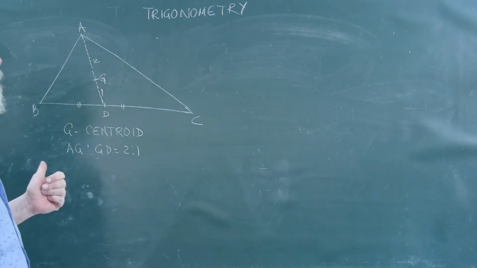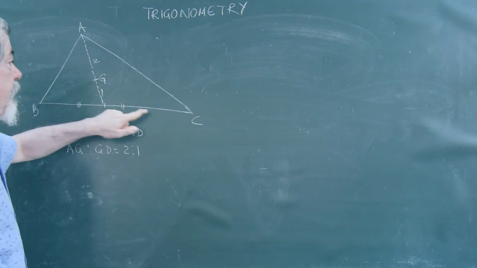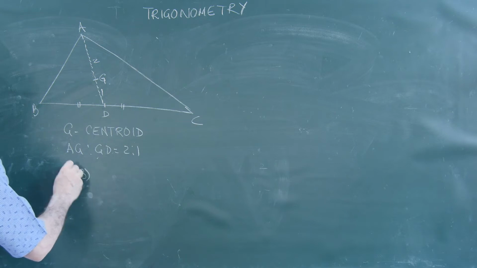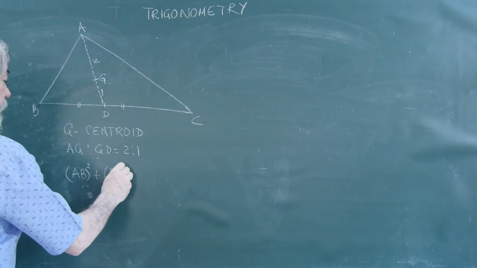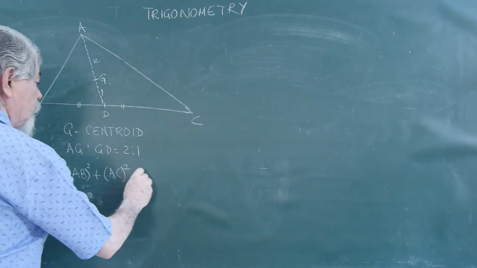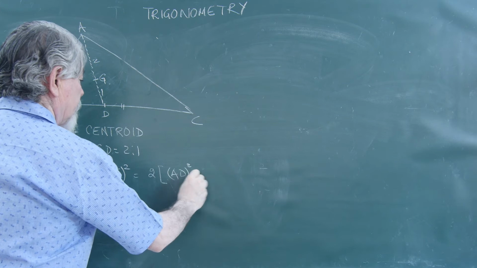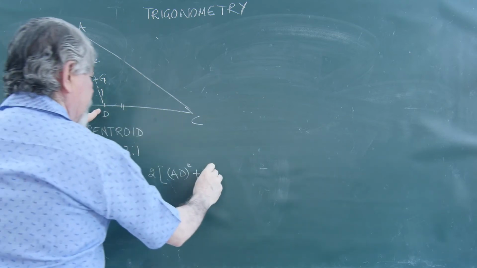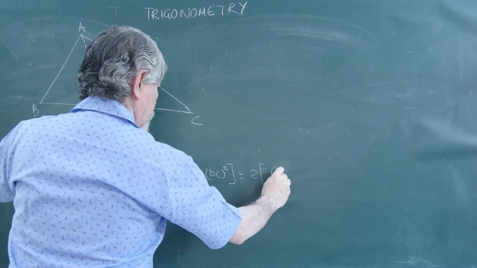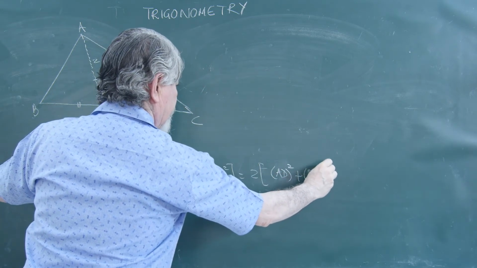Now, there is another property about the median regarding the sides of the triangle: if D is the midpoint of BC and AD is the median, then AB square plus AC square, the square of the side plus the square of the side, is equal to twice the square of the median, AD square, plus either BC square or I can also take BD square.